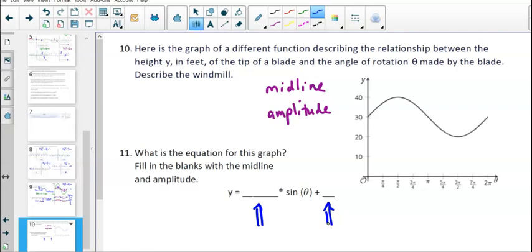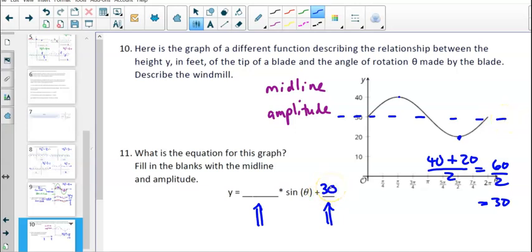All right, so the top of the graph is at 40, the bottom of the graph is at 20. So if I add the two and divide by 2, that's 60 divided by 2, which is 30. So the midline is at 30. And again, like the previous problem, the midline is how much we're sliding the graph up and down.